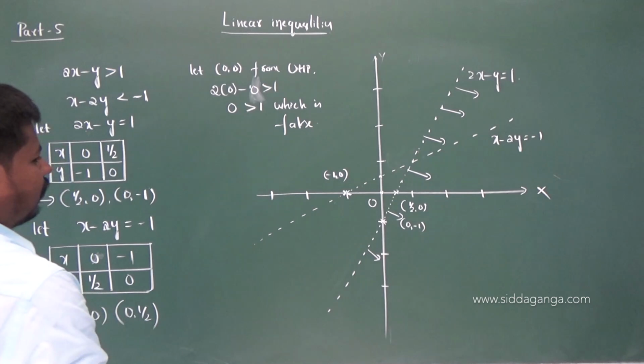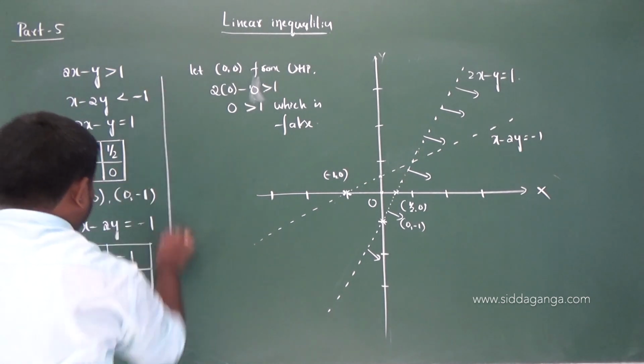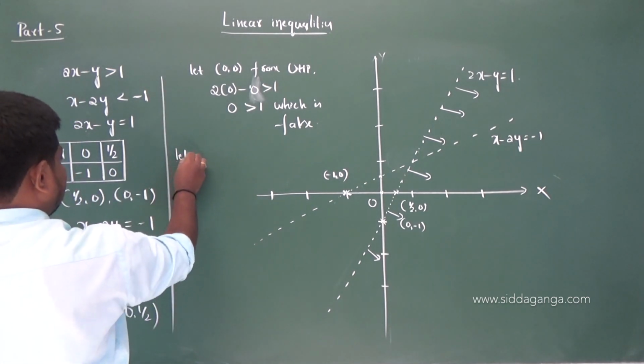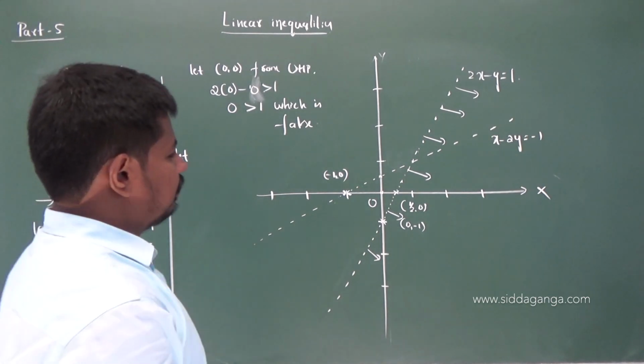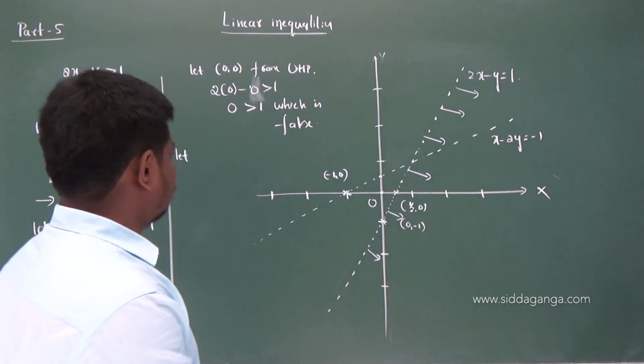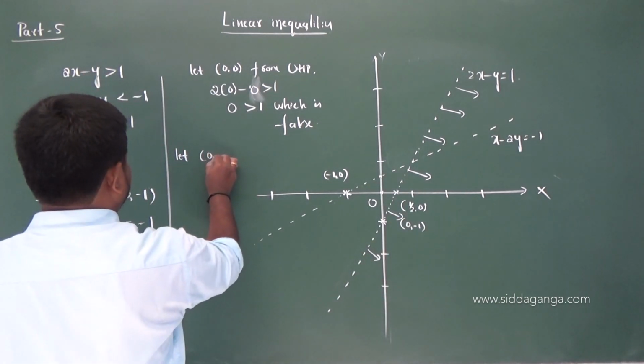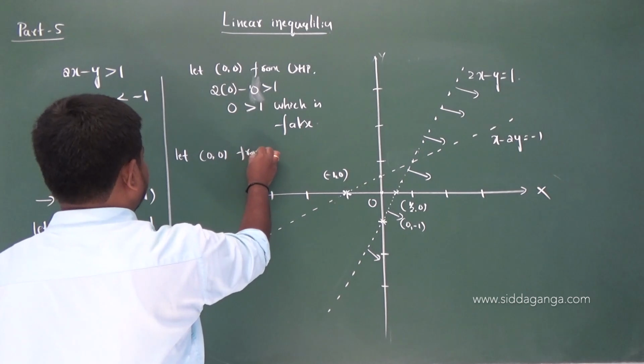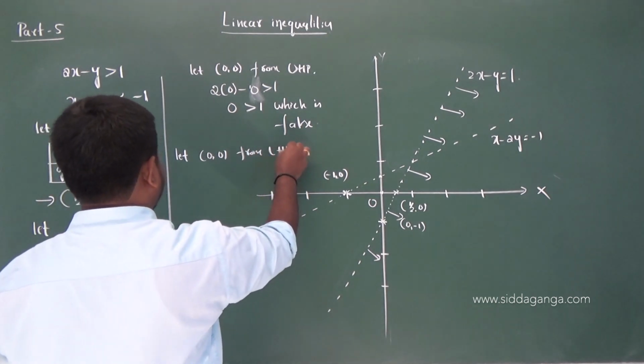Okay, that's for the second inequality. Let 0 comma 0 be the point in the lower half plane of the line x minus 2y is equal to minus 1, any point you can consider.